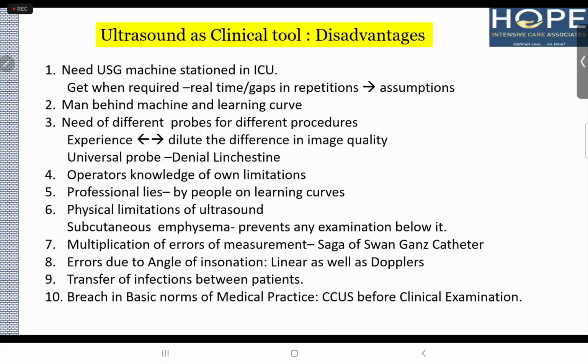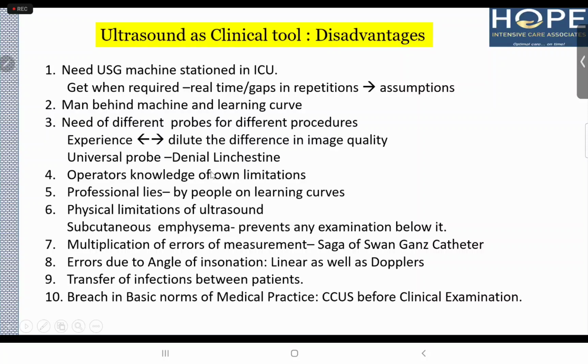It involves not only theory lectures, but also mentored online discussions where students present their images, and faculty across the country fine tune their ultrasound skills. Then they appear in a theory and practical exam, and that's how at the end of a year they pass the fellowship in critical care ultrasound.